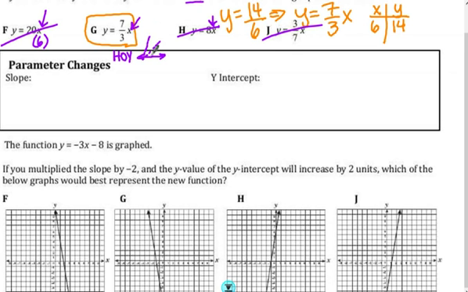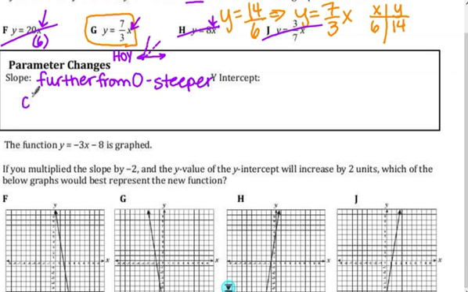Okay, so if I had a slope of like 2/3, well that's really close to 0, so it's going to be pretty flat. Versus if I had a slope of like 10, that would be pretty steep. So further from 0 is going to be steeper.